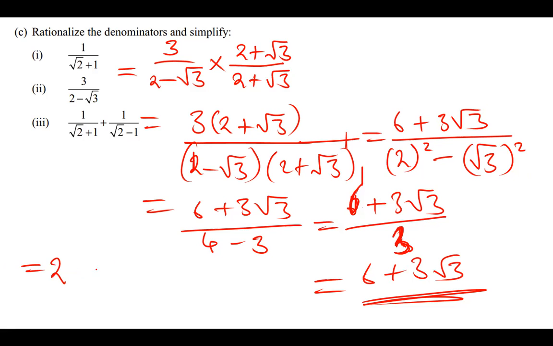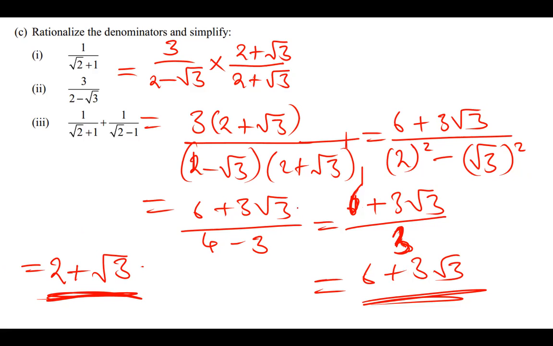The answer will give you 2. And then 3 into 3 root 2, the 3 will just cancel with the 3, meaning you just remain with root 3 there. So you can divide if the number is divisible. If it's easier for you, or if it's possible for you to divide them, you can simply just divide them. So that's how it is.